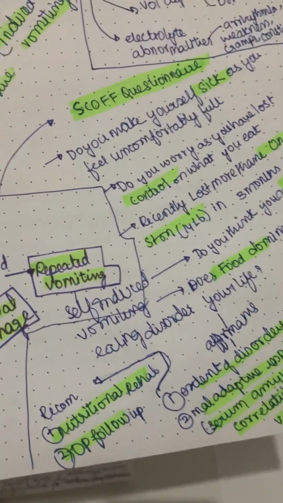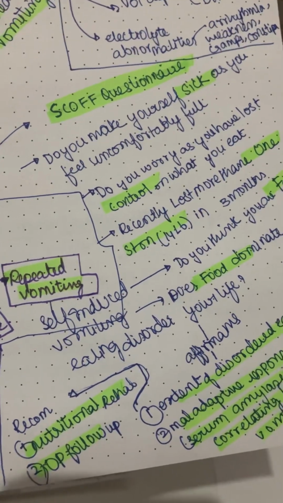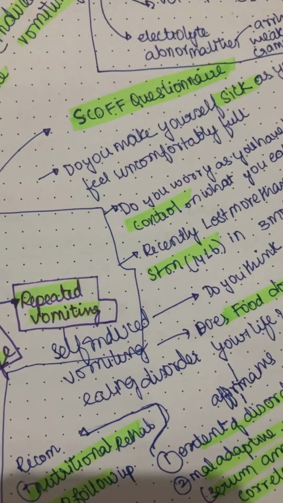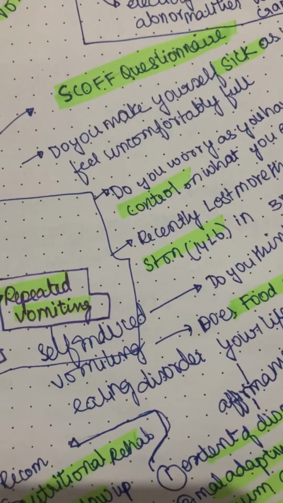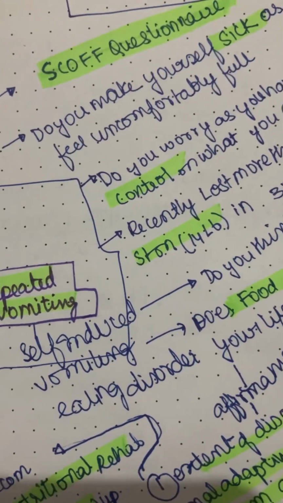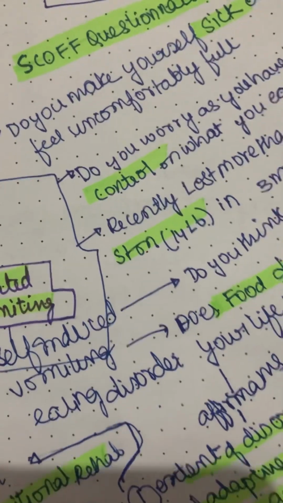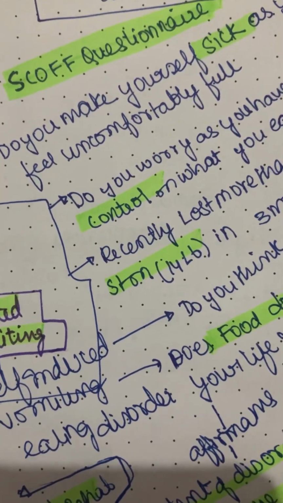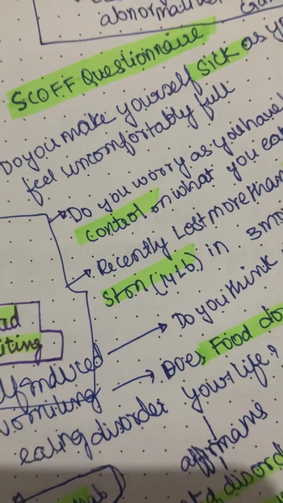Then how do you use the questionnaire? Do you make yourself sick? And no control over food, or loss of 1 stone, meaning 14 pounds of weight, in the last 3 months. Do you feel yourself fat when others don't think so? Do you think food is taking the biggest control over your life?